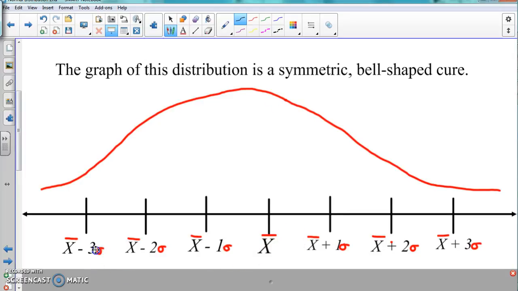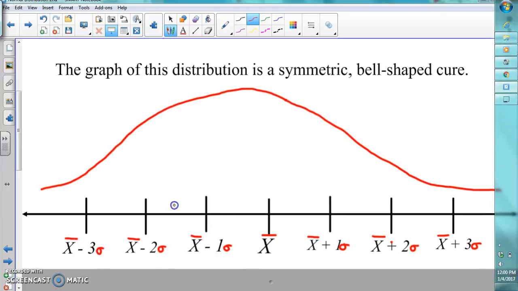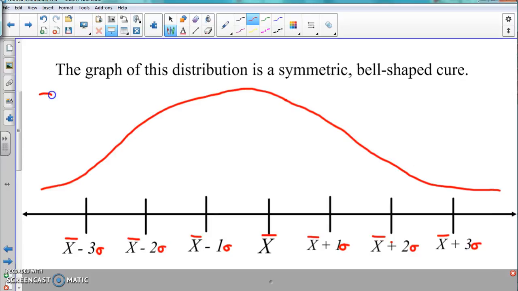For each one of these are our standard deviation symbols. They're not O's. These are standard deviations. Again, these are standard deviations.